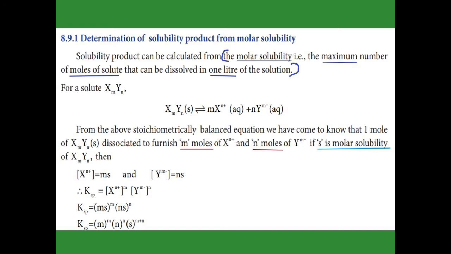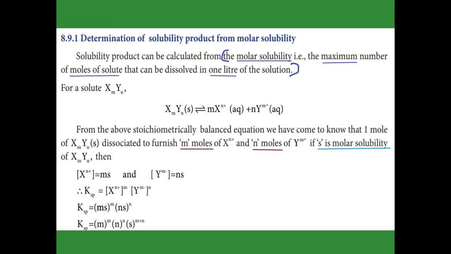Suppose we calculate the molar solubility as S. The symbol for molar solubility is S. Then the concentration of X is equal to m into S, and the concentration of Y is equal to n into S. Then the solubility product is equal to the concentration of X to the power m into the concentration of Y to the power n. So we multiply (mS) to the power of m into (nS) to the power of n.